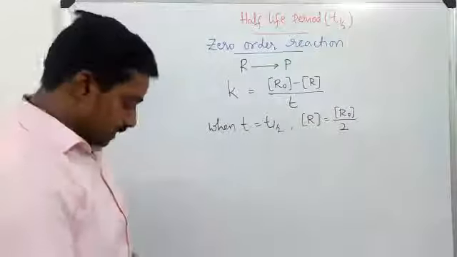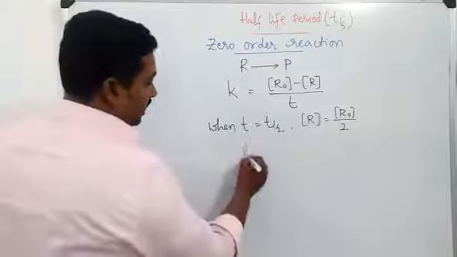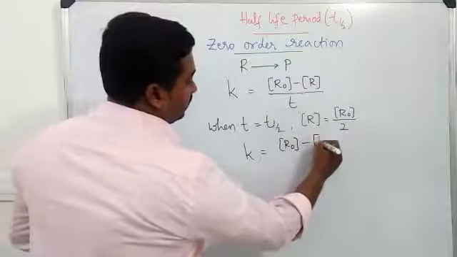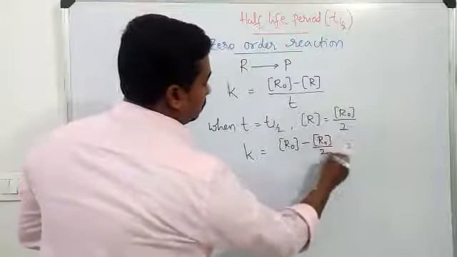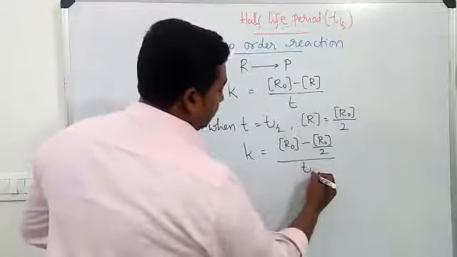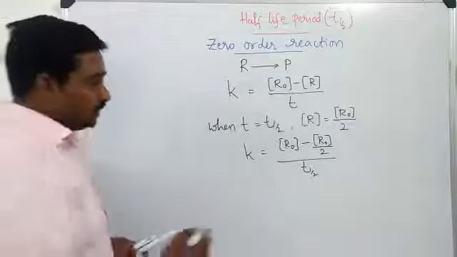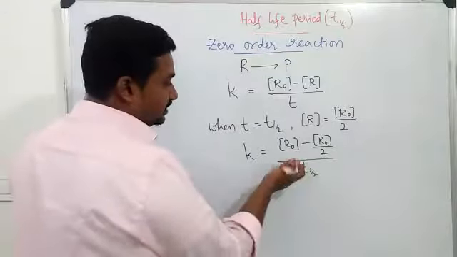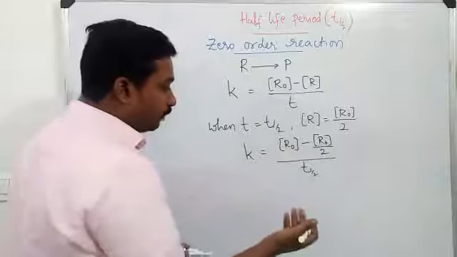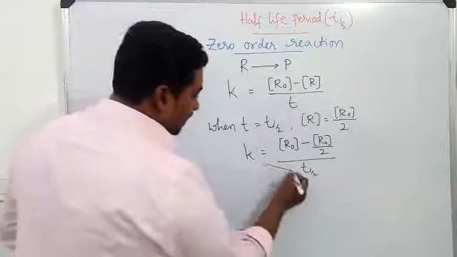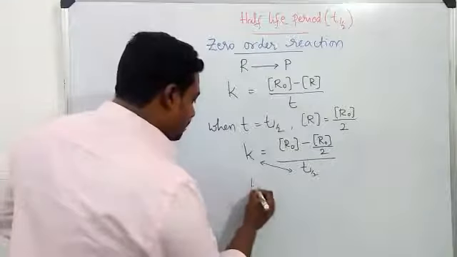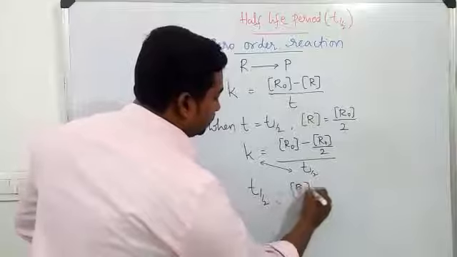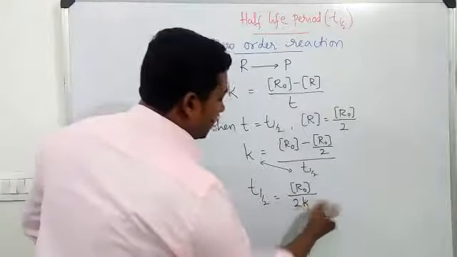Substitute this value in the expression, you will get k equals R0 minus R0 by 2 over t half. Then take an LCM of this, or otherwise simply 1 minus half will be half only.